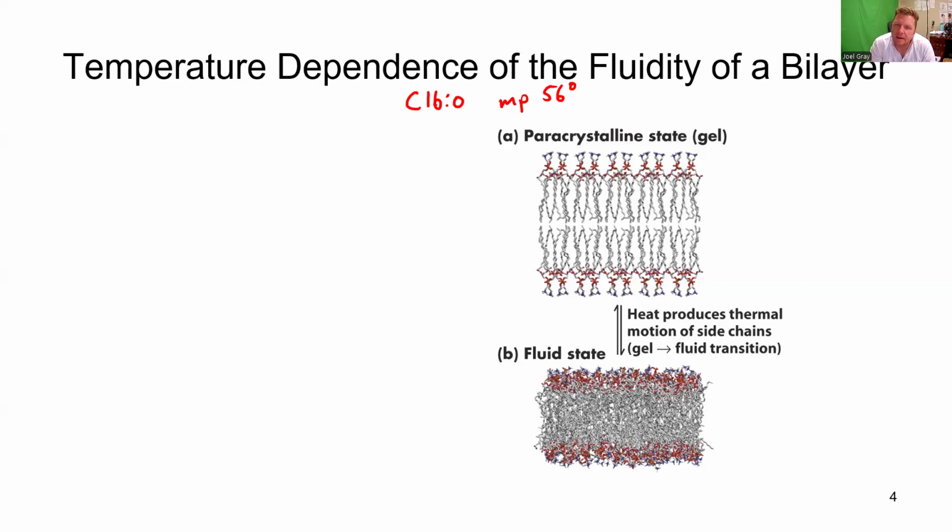Now, the same thing is true of membranes. Membranes are sensitive to changes of temperature. At a higher temperature, they're going to be in this fluid state. In this fluid state, I'll ask you to look at this structure right here that I put a box around. It looks pretty chaotic, and you're not wrong.